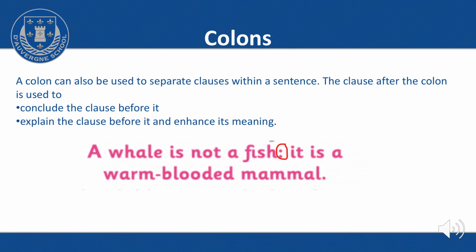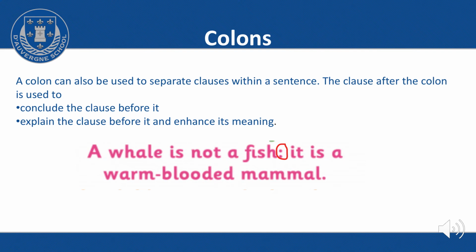A colon can also be used to separate clauses within a sentence. The clause after the colon is used to either conclude the clause before it or explain the clause before it and enhance its meaning. So here we have, a whale is not a fish, colon, it is a warm-blooded mammal.